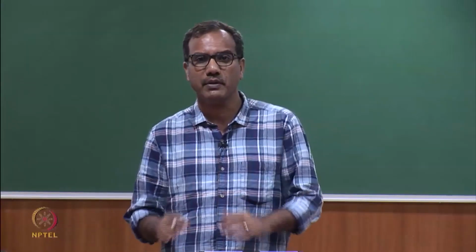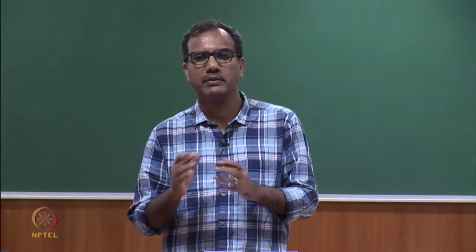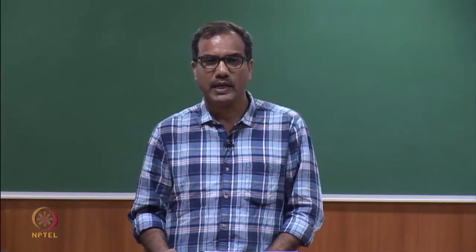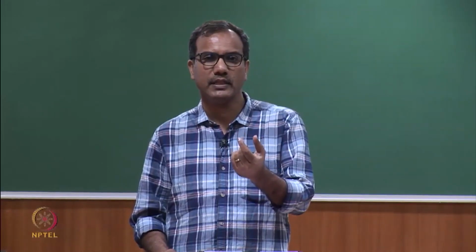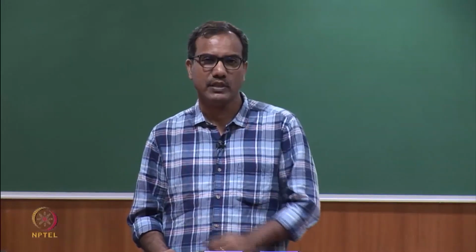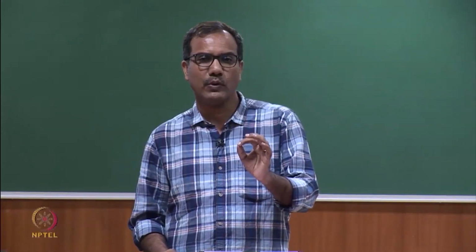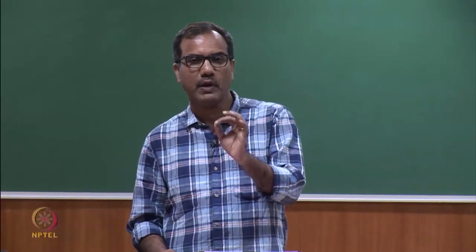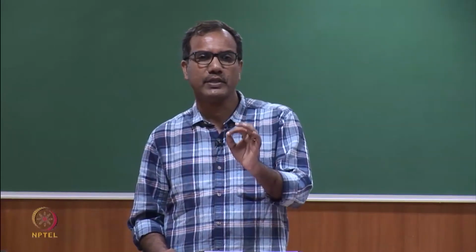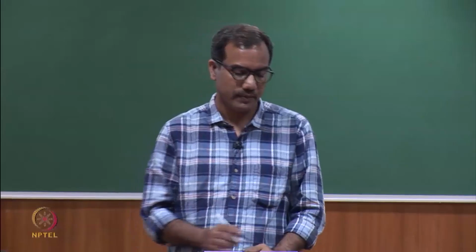One is observable, what we mean by observable, and then the second is operator, third is linear, and fourth is Hermitian. So, we will go through these 4 of them one by one and try to understand what we mean by this.